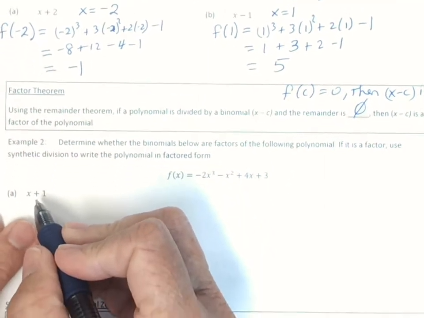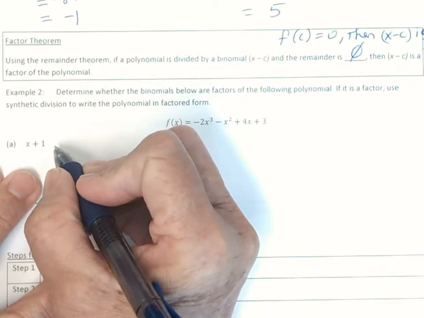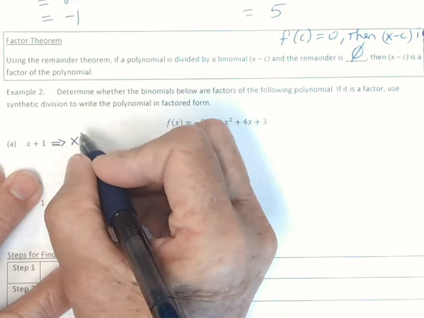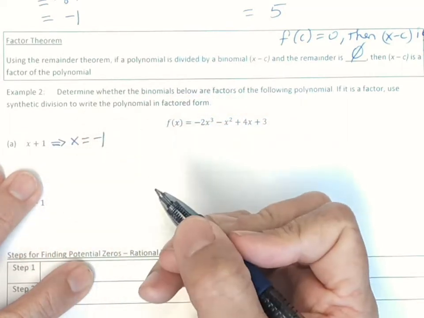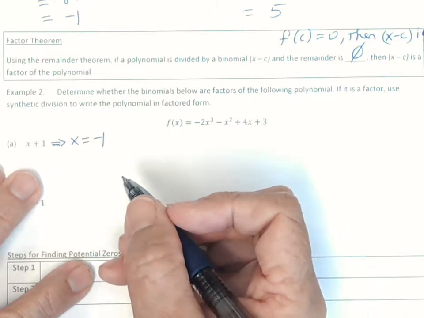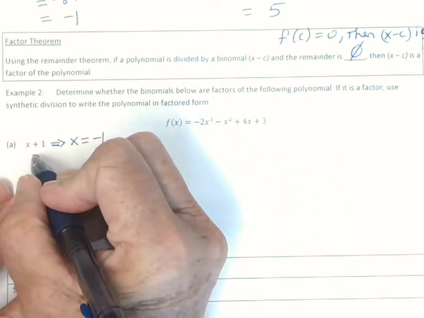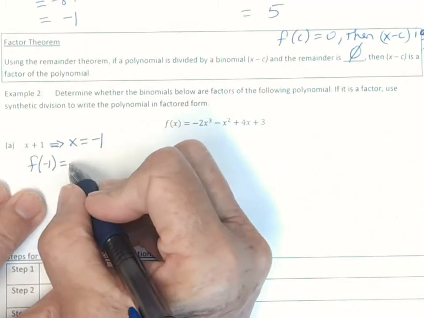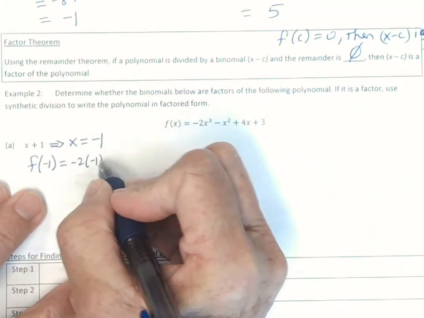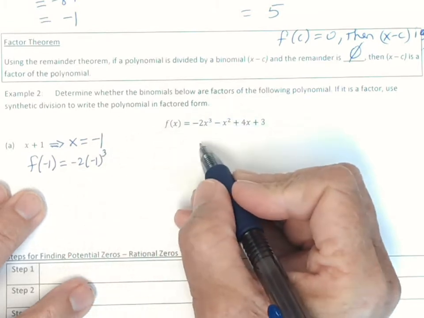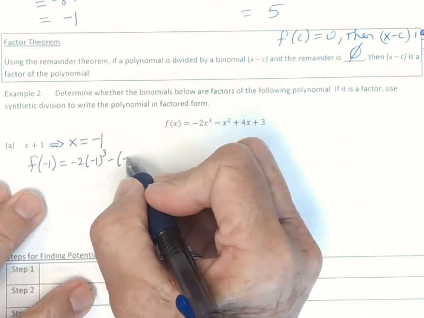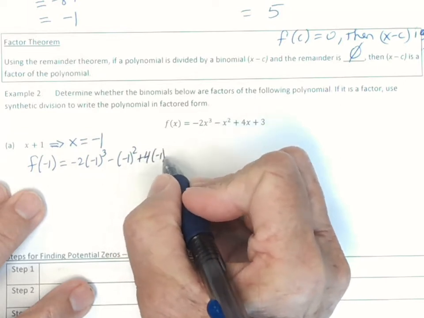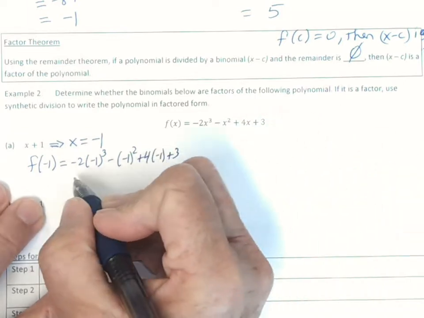X plus 1. Let me slide this up. So that tells me that the x value we're checking is x equals negative 1. Okay, so first thing I want to do is plug negative 1 into my function. So I've got negative 2 times negative 1 cubed minus negative 1 squared plus 4 times negative 1 plus 3.